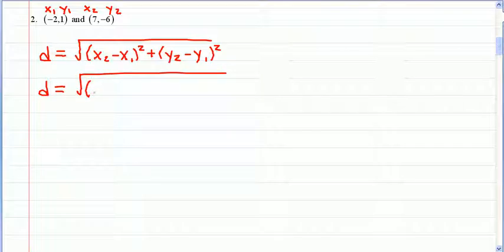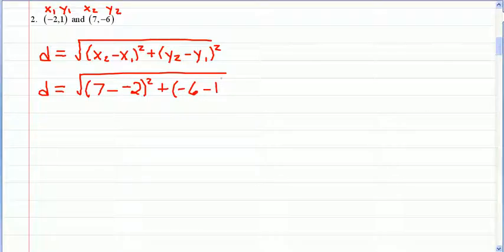And x2 minus x1 is 7 minus negative 2, so I have to include another minus symbol, and then plus y2 minus y1 is negative 6 minus 1, and then squared.